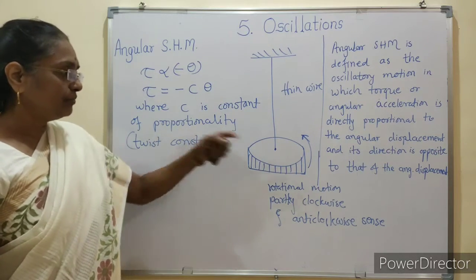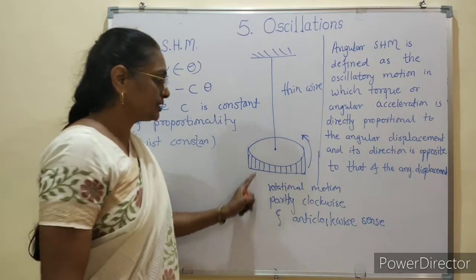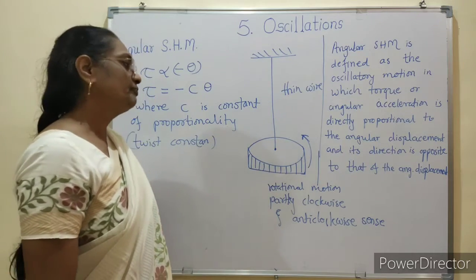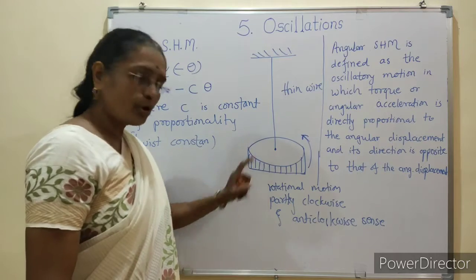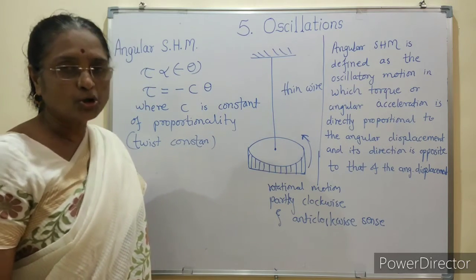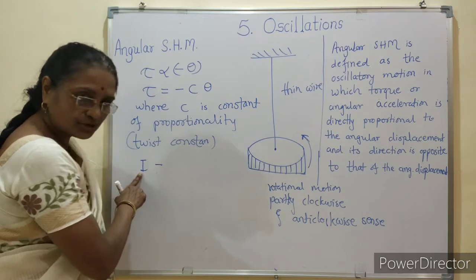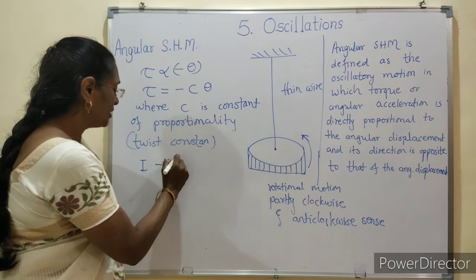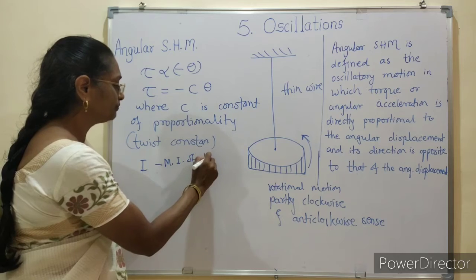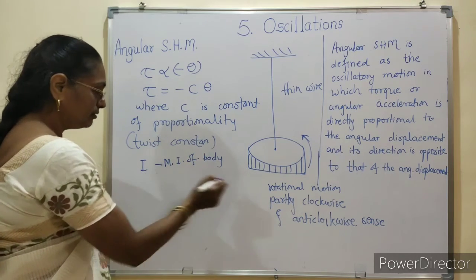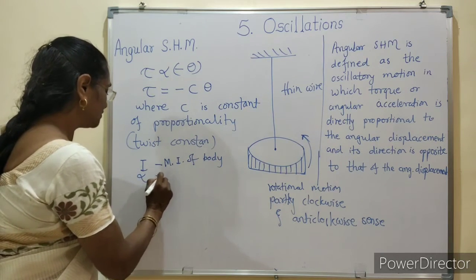Now, when we have such examples of oscillatory motion, the body which performs angular oscillations possesses moment of inertia. Let I be the moment of inertia of the body, and alpha the angular acceleration during the oscillations.